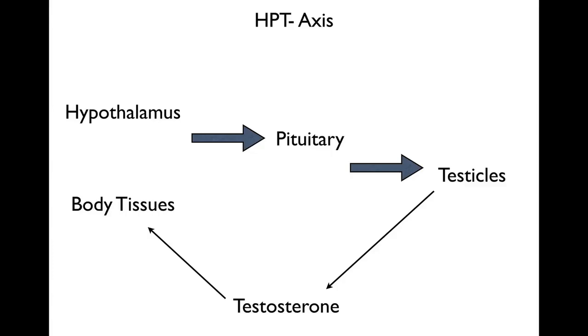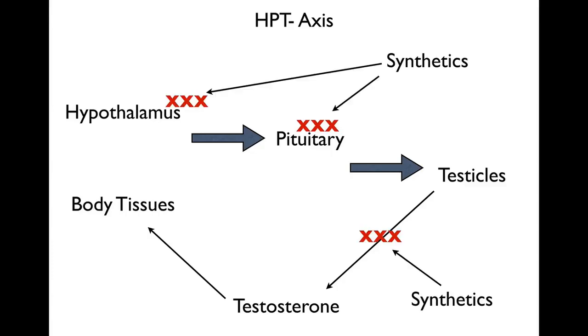Now, what we want to think about here is how we can interrupt this whole process. Many people do not understand that bioidentical testosterone therapy is not the same as anabolic steroid use. Anabolic steroids are synthetics that look similar enough to testosterone to stimulate some of the body structures that testosterone does, but not all of them, but also does indeed shut down the hypothalamus pituitary testicular or gonadal axis.